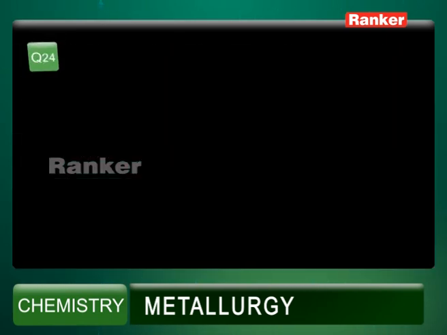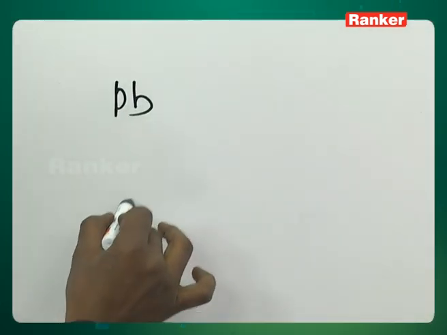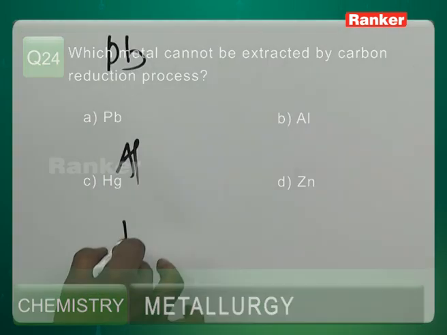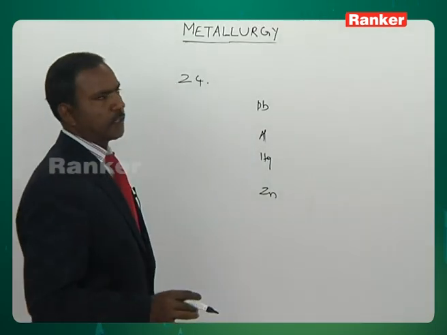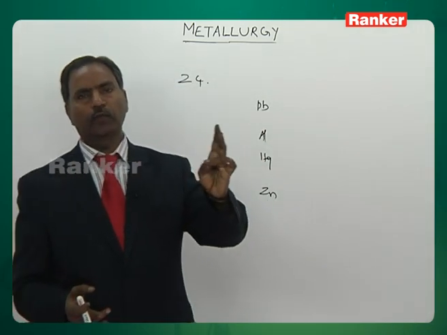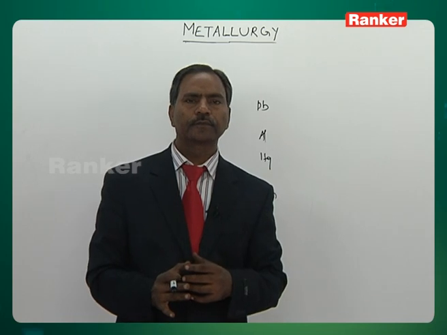Question number 24, which metal cannot be extracted by carbon reduction process? See, one is lead, aluminium, mercury, zinc. See, carbon reduction method is generally not applied for first A group elements, second A group elements and aluminium, because these are actually strong reducing agents.